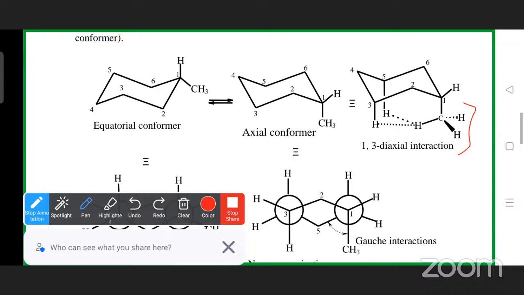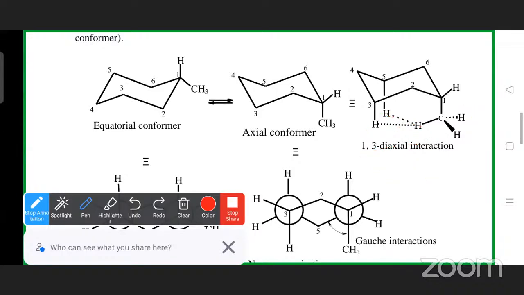But the hydrogen which is on the plane is interacting with the C3 carbon and C5 carbon. So here you can see the 1,3 diaxial interaction and the 1,5 diaxial interactions.